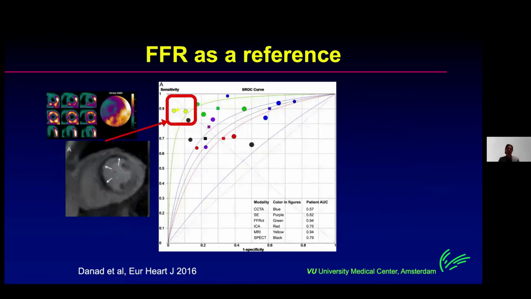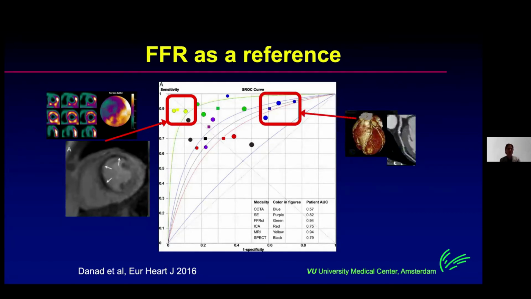We also know, based on some reference trials and a meta-analysis published by Knaapen, who is my former fellow at the University Medical Center in Amsterdam and who trained with Jim Min, that the sensitivity and specificity of MRI and PET seem to be the highest, whereas the rule-out rate of CT is potentially high, but again, the false positives are high also.